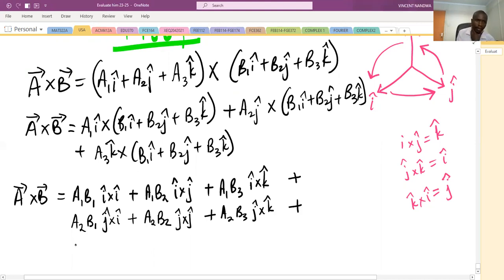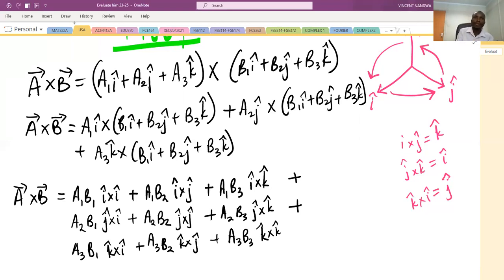Lastly, A3, B1, and then k cross i, plus A3, B2, then k cross j, plus A3, B3, k cross k.